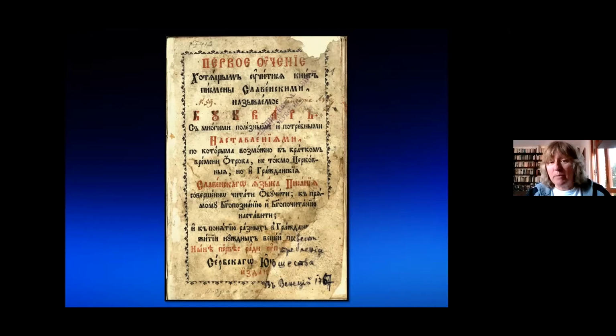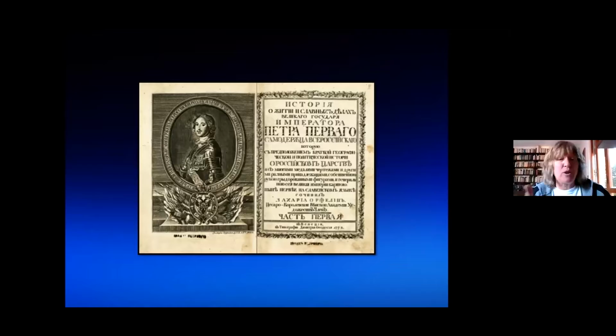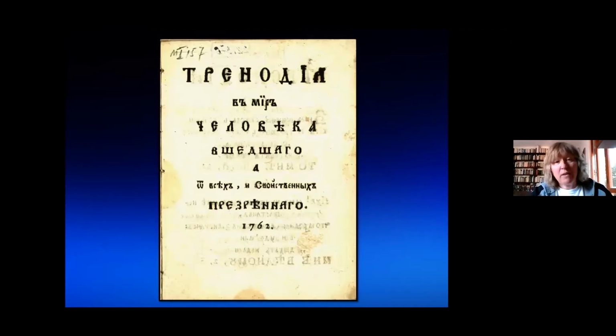This is a primer from Theodosius's printing house. This is, for example, a history of Peter I. And here we have a poem published, and not all of those were published by Theodosius's printing house. Some of those books in Venice were published with so-called fake data, a fake place, or without place. Why?